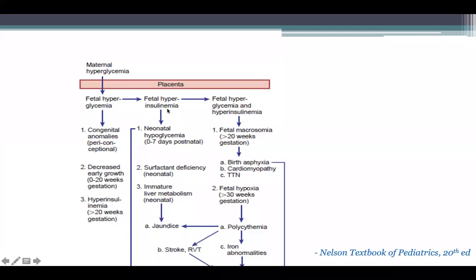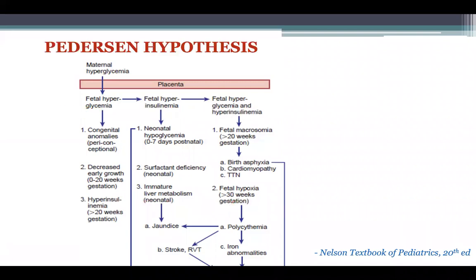Only in a gestational diabetic mother beyond 20 weeks will there be an insulin response in the baby that results in fetal macrosomia, perinatal and neonatal complications like hypoglycemia, surfactant deficiency, jaundice, and other metabolic abnormalities. So this is called the Pedersen hypothesis.